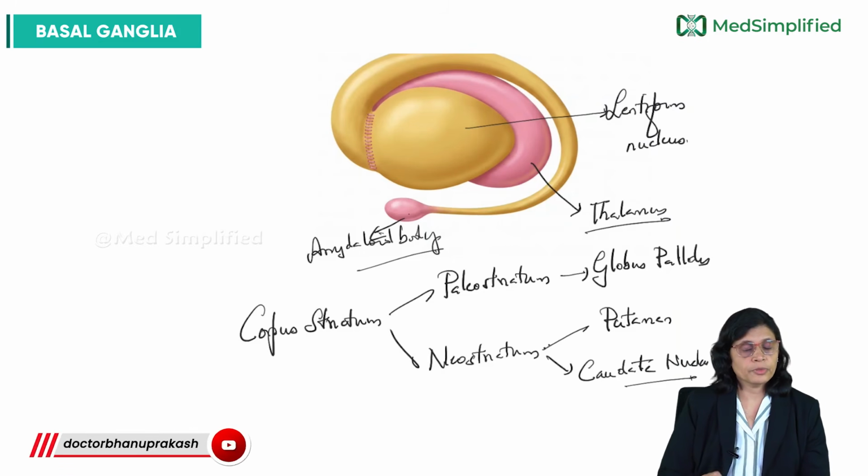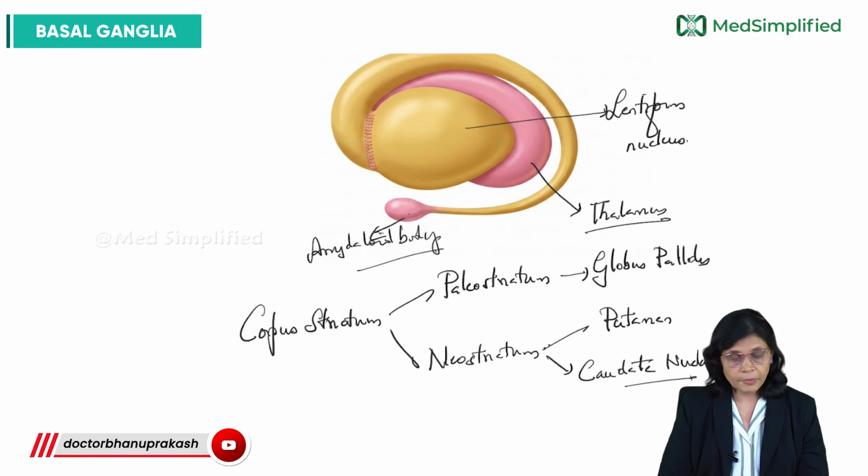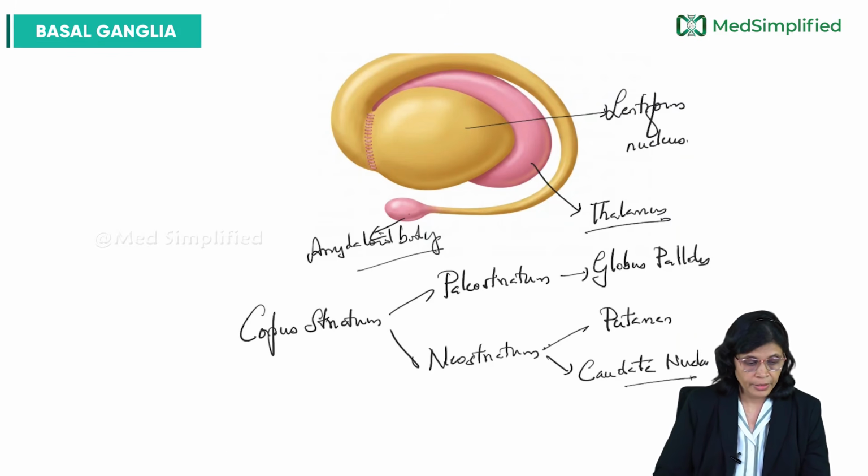The globus pallidus is relatively ancient compared to the putamen and caudate nucleus. The globus pallidus and putamen belong to the lentiform nucleus of the corpus striatum.